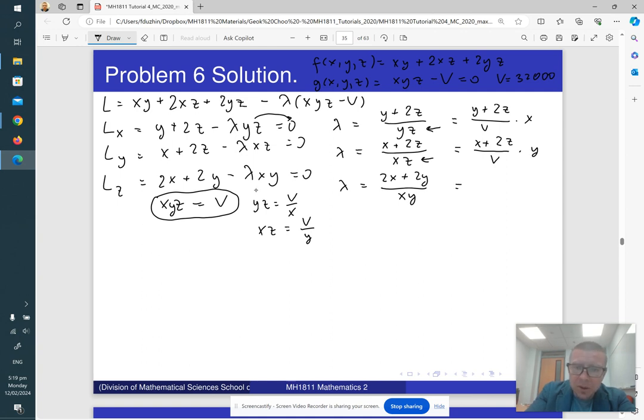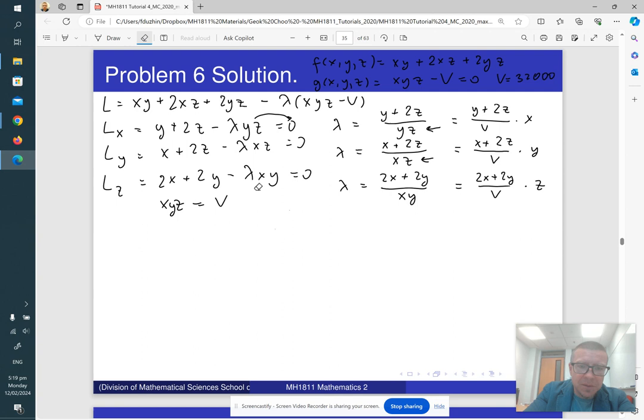And by the same logic, the third equation is (2x plus 2y) over v times z, because again, xy equals v over z. Okay, not bad. So I don't need this anymore. But now I expressed lambda in three different ways.